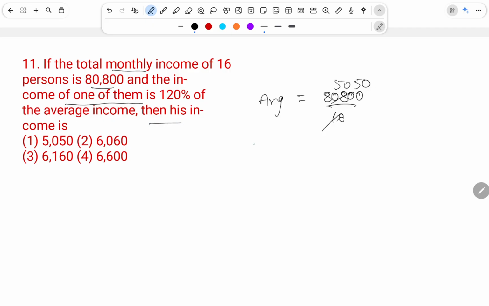Then his income is 120 by 100 into 5050, which is 6060.